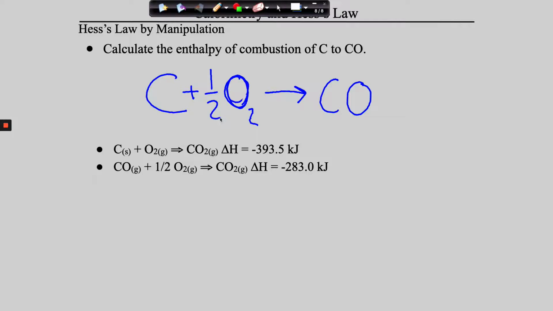So now, guys, this becomes the challenge. We have written our subject reaction. So now what we've got to do is make these reactions, Hess's law, add up to this. So, guys, this is the way to do this. You start with reaction number 1 and you ask yourself 2 questions: side and amount.